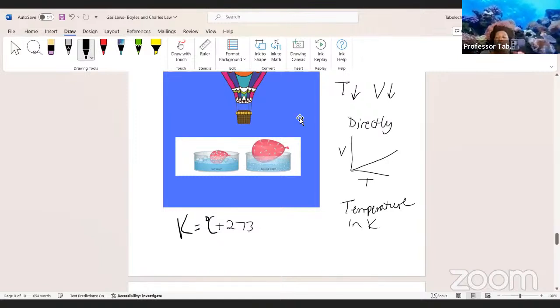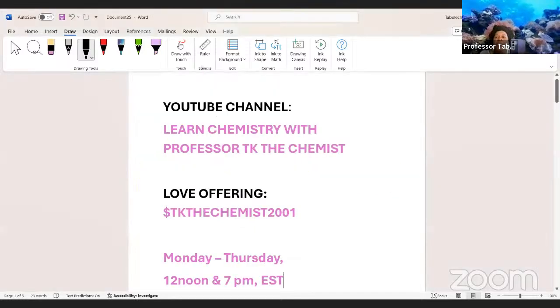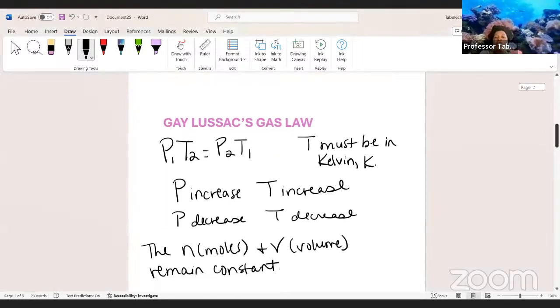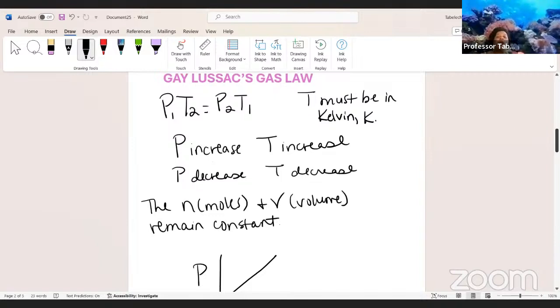The other law that we're going to get into today, because we did several problems with the others yesterday, deals with Gay-Lussac's law. Let me pull up Gay-Lussac's law so that you'll know exactly what to do. Gay-Lussac's law tells you that your pressure and temperature are directly related to each other, and your temperature must be in Kelvin.